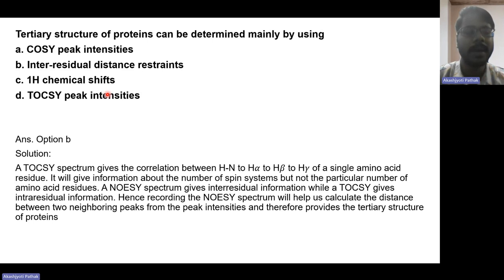Intensity I_ij is inversely proportional to the sixth power of the distance between the two nuclei. We learned that in the last class. So not only will you know what the amino acid peaks are, but also the distance between two amino acid peaks. From that, you can understand the tertiary structure of the protein, in which one amino acid is close to another amino acid. There is folding of the protein, proper folding. Only if you know the distance between two amino acid residues can you determine the tertiary structure of the protein.